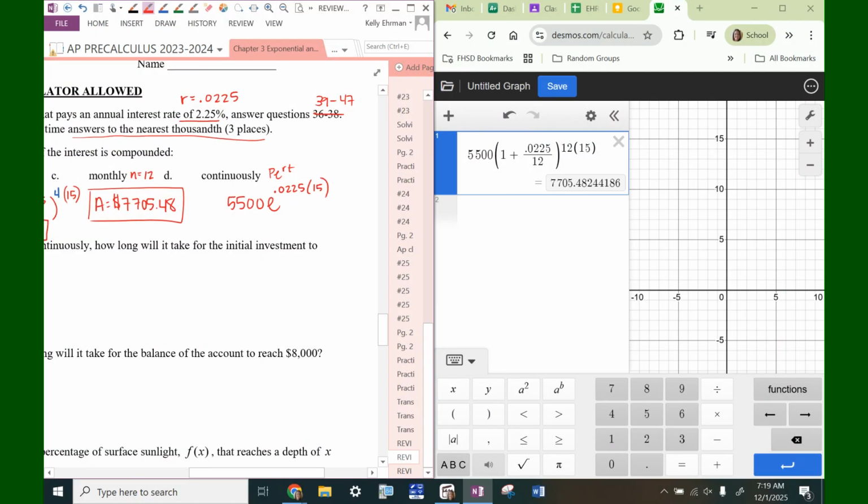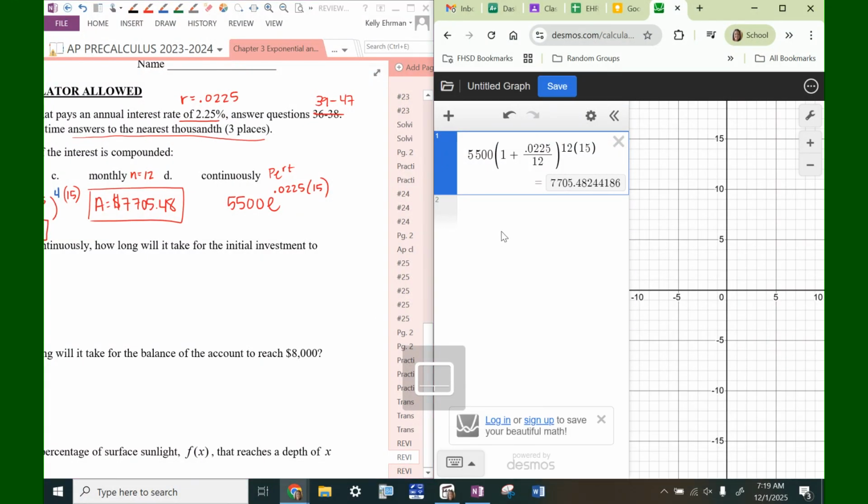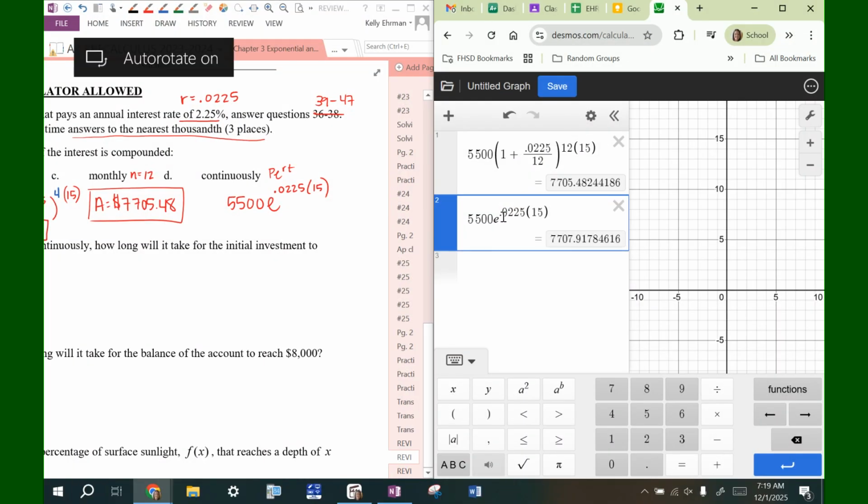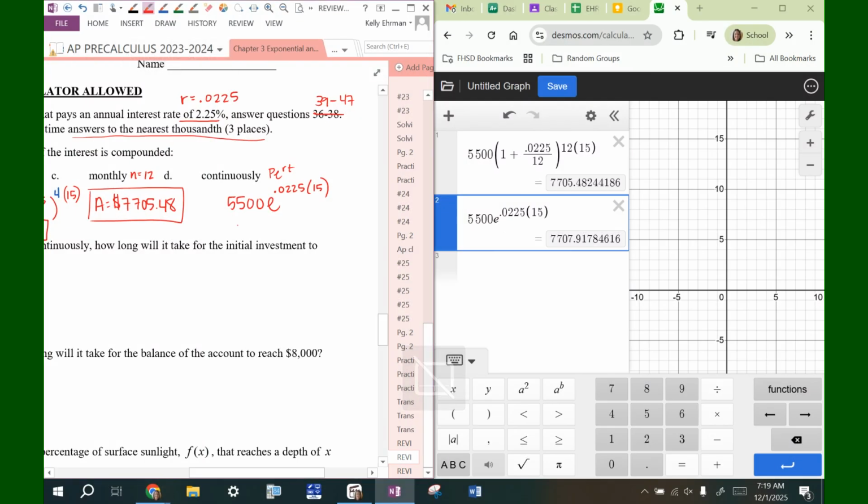So I'm not going to make a small adjustment there. I'm just going to type a new line. And you are just typing the letter E. And the calculator knows that that's the number E, not a variable. So again, still should be in the same ballpark, 7,707.92.